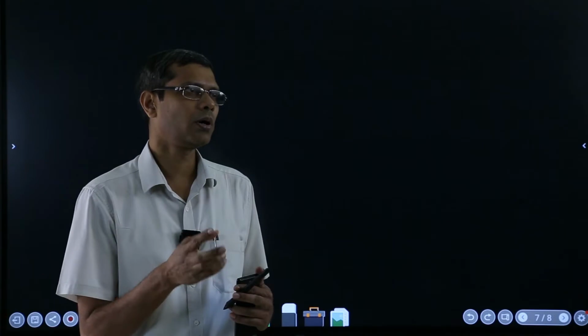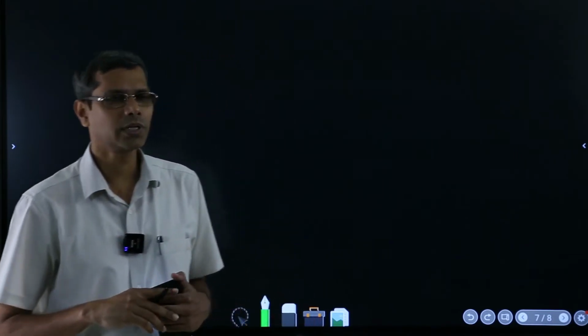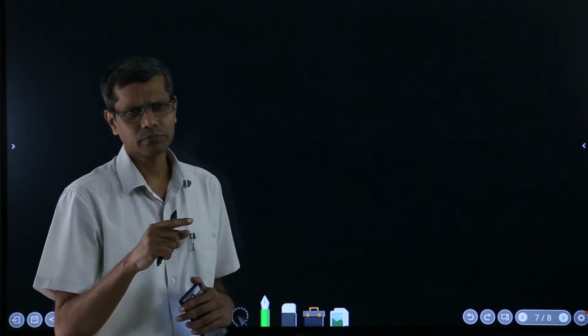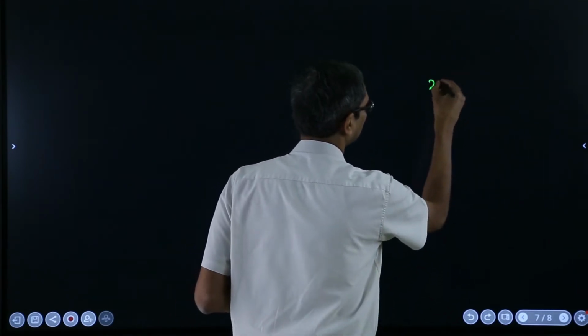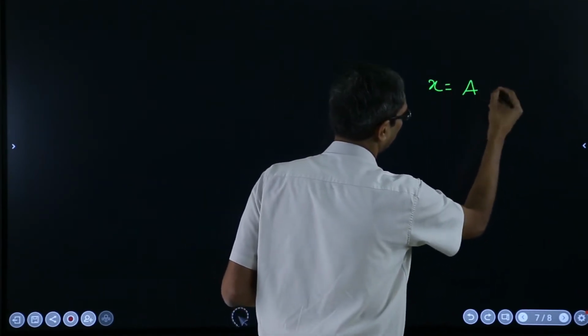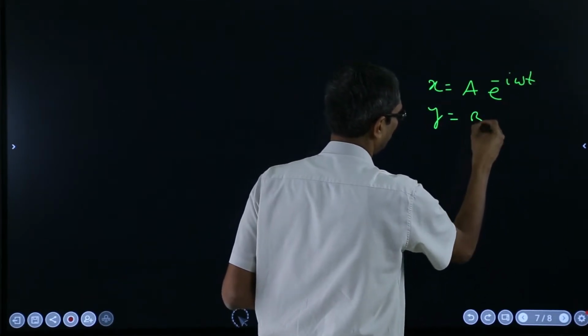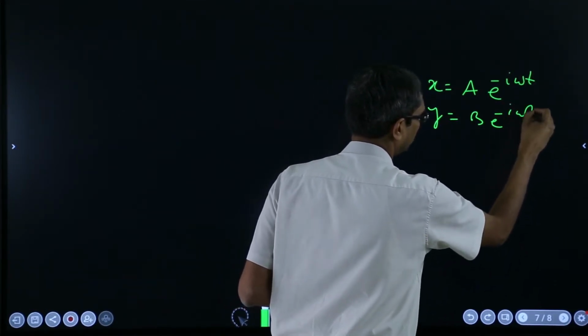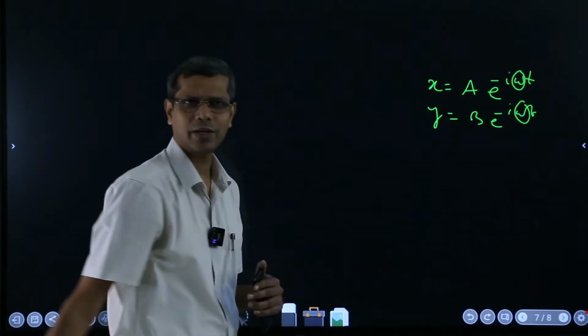If you remember the way we figured them out for the 2 degree of freedom system, what did we do? We said x is equal to a e raised to minus i omega t, and y is equal to b e raised to minus i omega t. So we kept this part constant, and the a's and b's we changed.